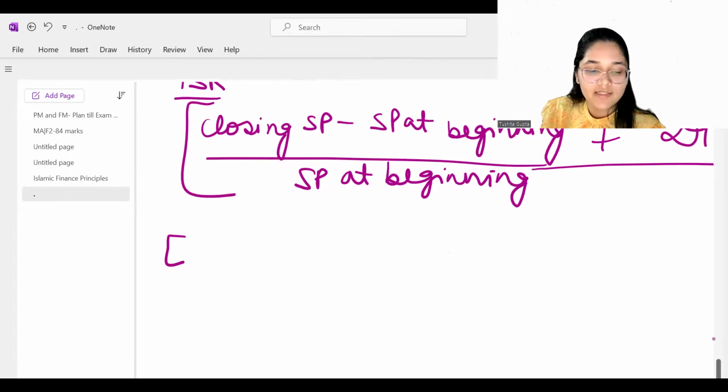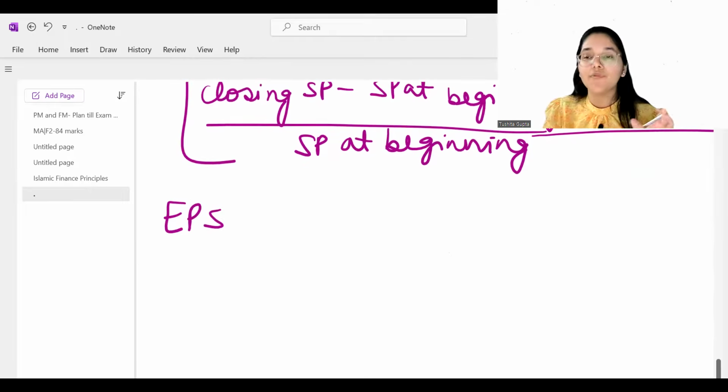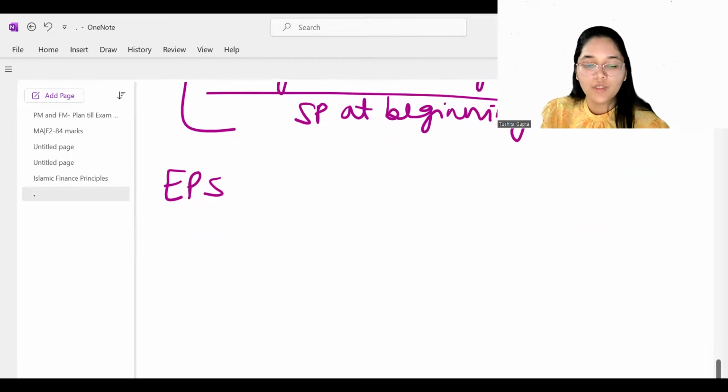Another formula which gets introduced in this chapter itself is the EPS formula. This stands for earnings per share. So over here, you're trying to find out how much you have earned per share. If I have 10 shares and I have earned 100 rupees, how much I've earned per share is what I'm trying to calculate over here. So how do you work this out? The numerator is your profit after tax.